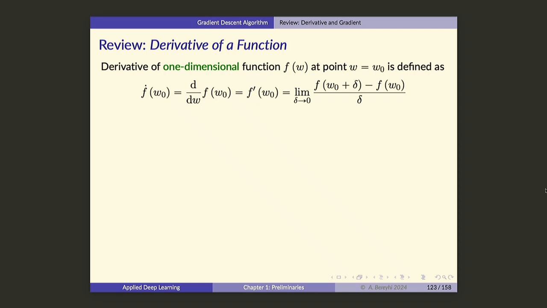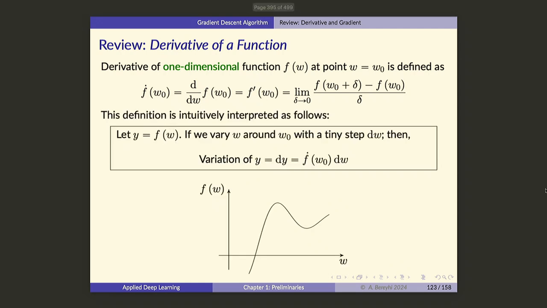So that is the derivative, but what is the intuition behind it, what does it mean? Say I am dealing with this function, y equals f of w, so this is a function of this weight. Now what I'm going to do is move at point w0 by a tiny bit, dw. Meaning that I start at this point and just move a very small step forward, yeah?